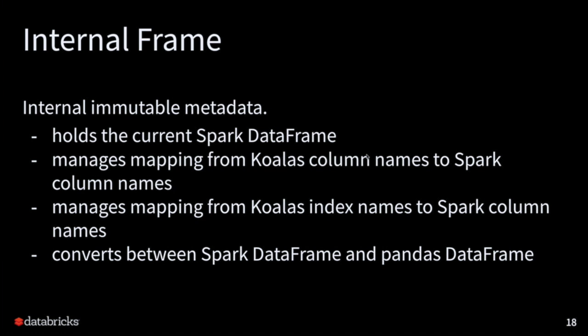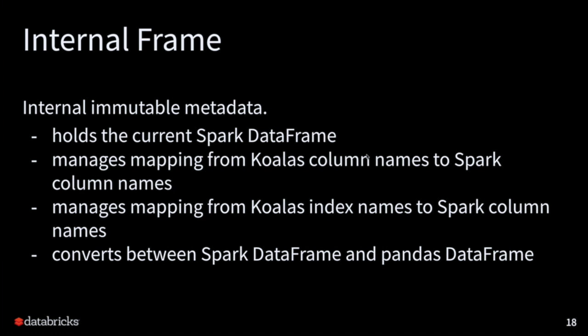It holds the mapping from the Koalas column names and Spark columns. Koalas data frame column names do not always equal those of the Spark data frame, because Koalas data frame now supports multi-index columns, so we should manage this metadata.